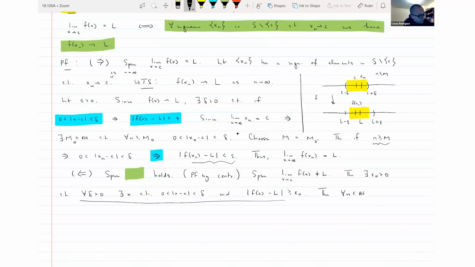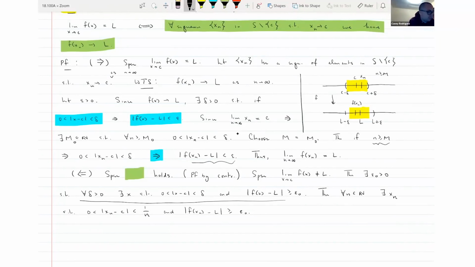So for all n a natural number, there exists an x of n such that 0 is less than the absolute value of x of n minus c, which is less than delta, which I'm going to pick to be 1 over n, and the absolute value of f of x of n minus L is bigger than or equal to epsilon 0.